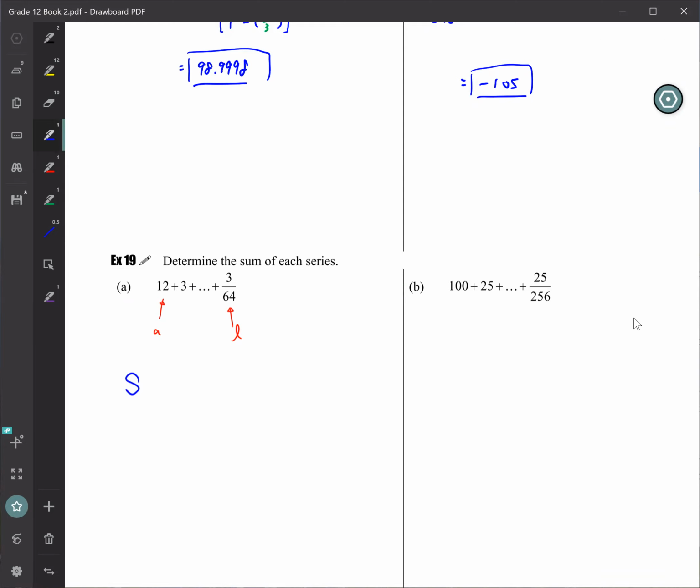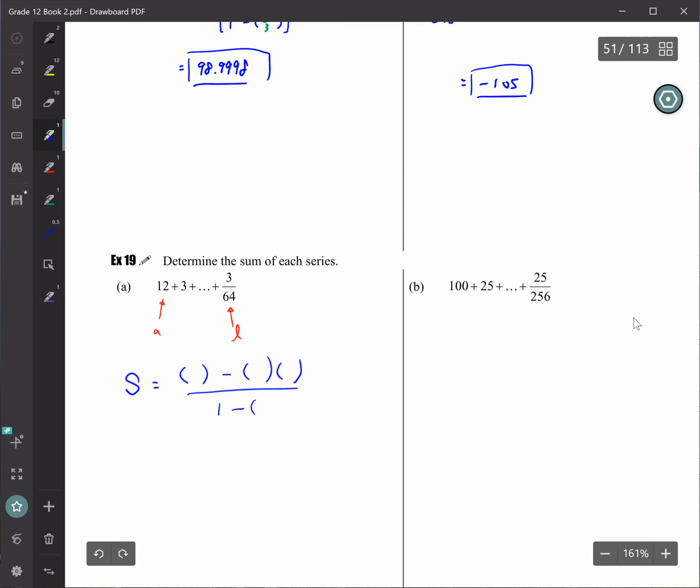So Sn, we don't know what n is, so I'm just going to skip it or just write S. So S equals, the formula is A minus L R, over 1 minus R. Okay, so we're plugging in the numbers now. A is 12.